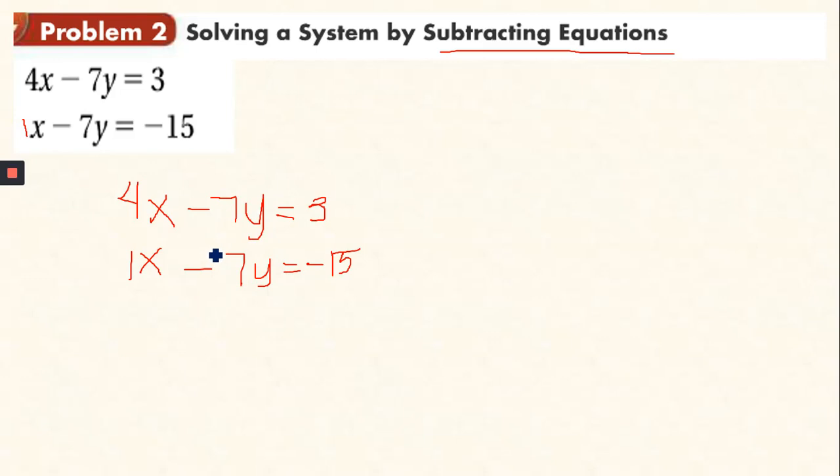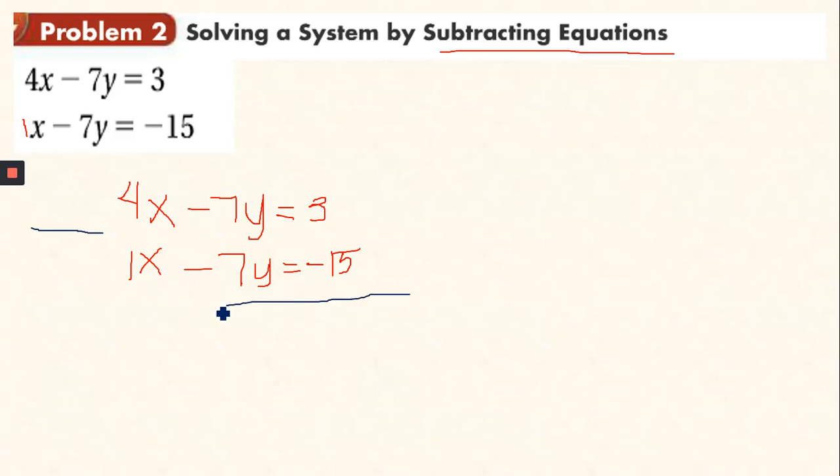They are both negative. So it is not possible that we can eliminate it through addition. In this case, since they are the same, negative 7 and negative 7, we are going to eliminate it by subtracting the two equation. Okay, we're going to subtract the two equation.